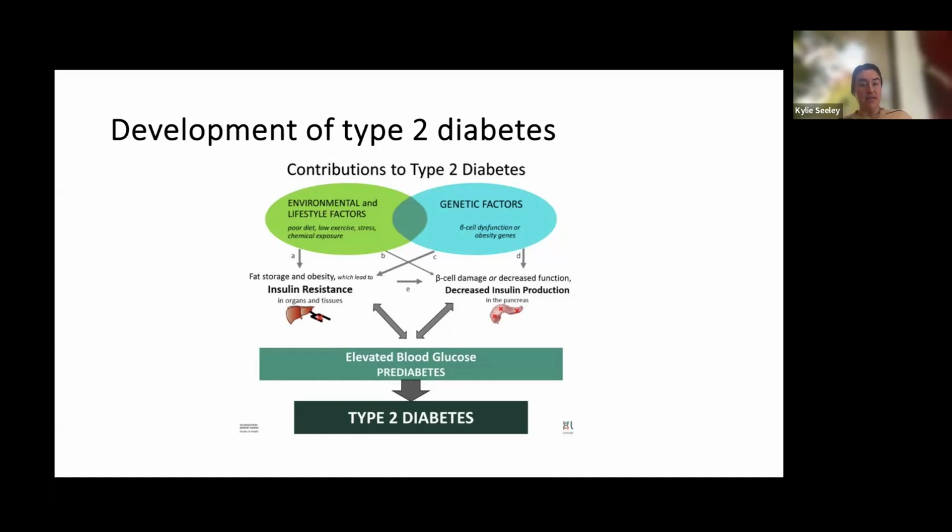So the pancreas is making insulin, the beta cells are working as they are supposed to, but the body isn't able to utilize the insulin appropriately. And so the pancreas has to keep making more and more insulin to try to keep up and tell the body to respond the way that it wants to. Together, this can lead to dysfunction in how the body utilizes insulin and how the pancreas actually produces insulin, which can lead to high blood sugars and therefore type 2 diabetes.